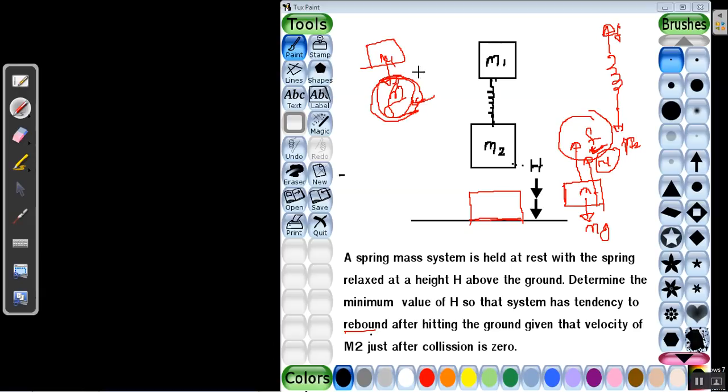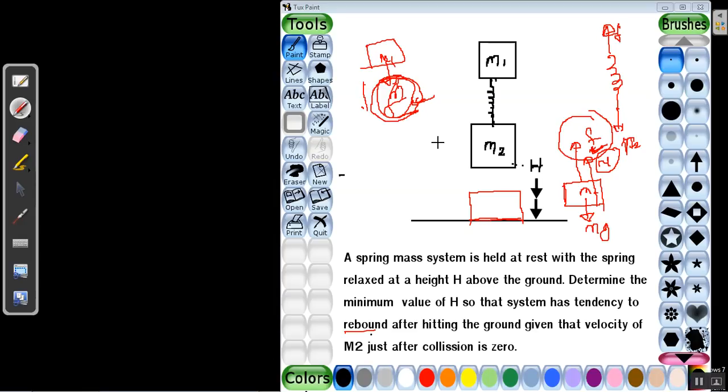If you see the direction of the force on m1, you'll find that the length of the spring is going to be increased, because a spring always tries to pull the object toward its equilibrium position. So the length of the spring is going to be increased.